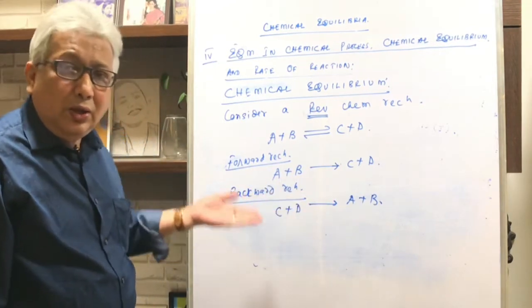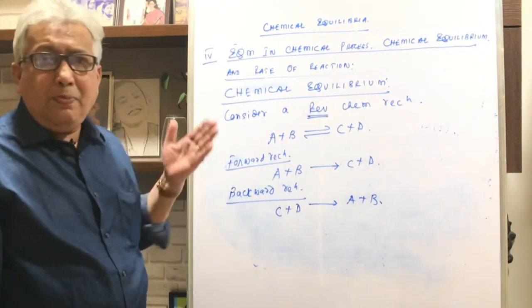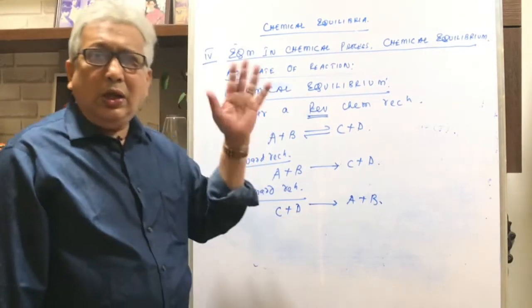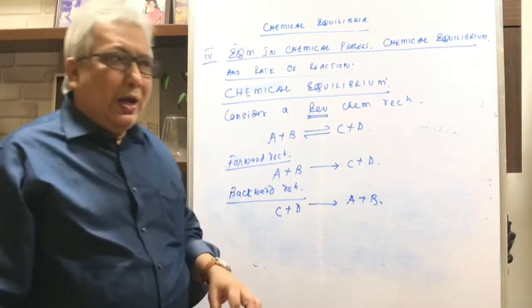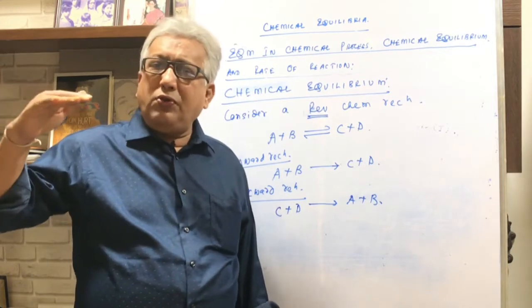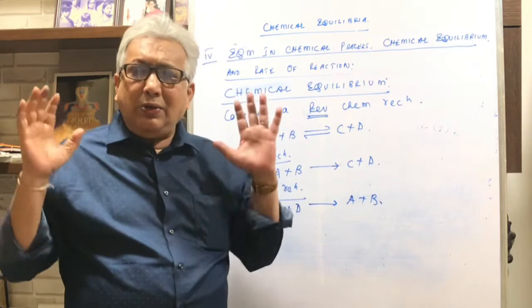In other words, the rate of backward reaction is going on increasing with the passage of time. Is that okay? This means we realize that in a reversible reaction, with the passage of time, the rate of forward reaction will go on decreasing while the rate of backward reaction will go on increasing.